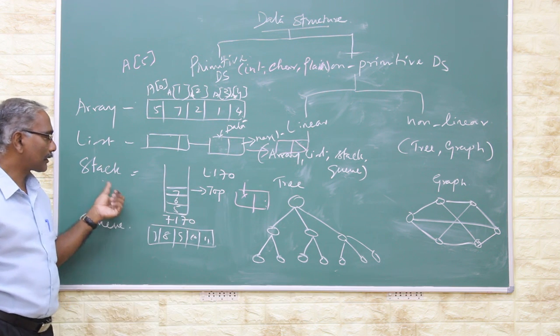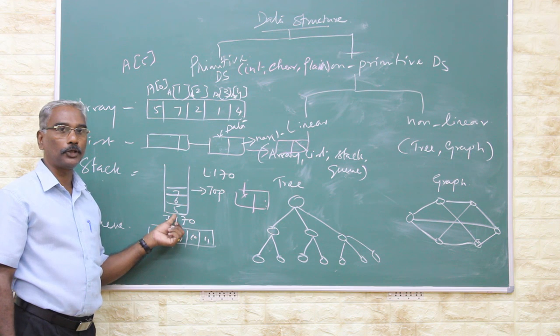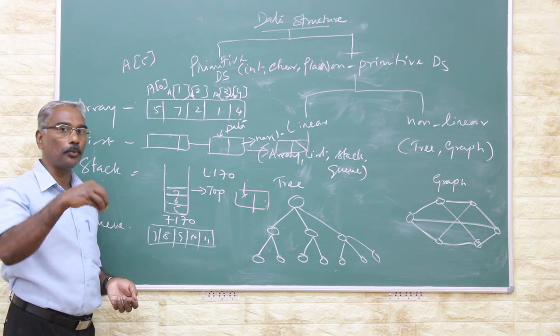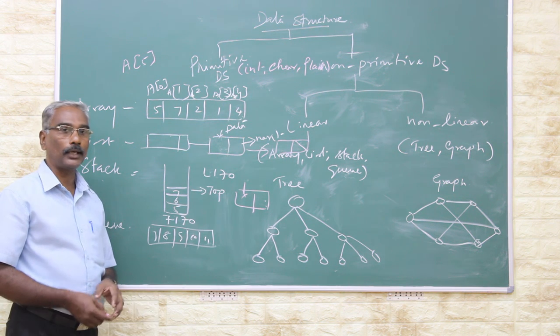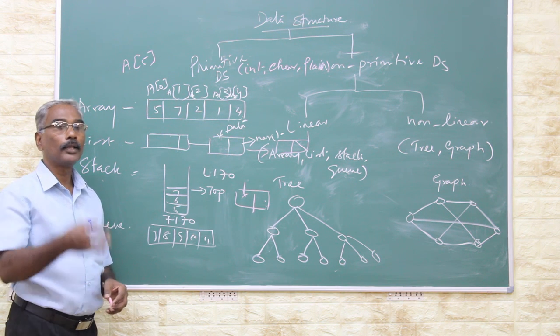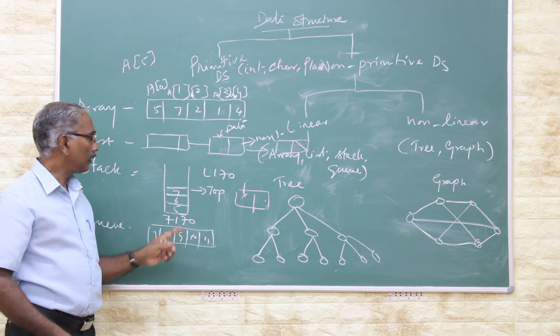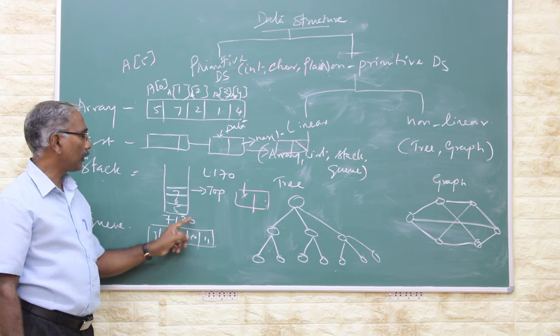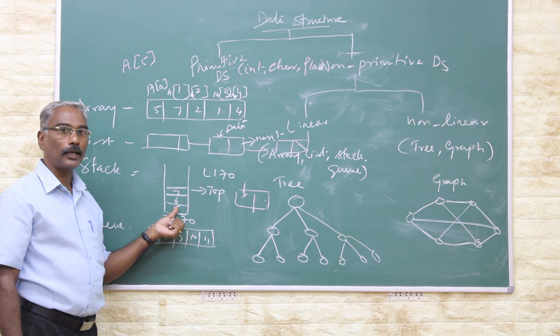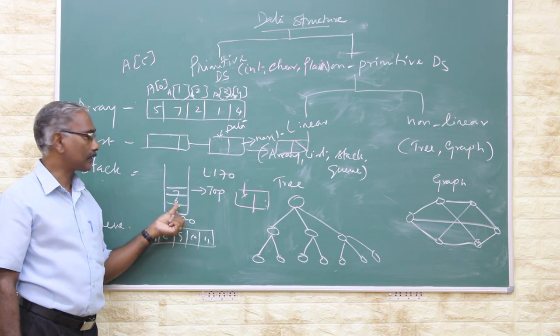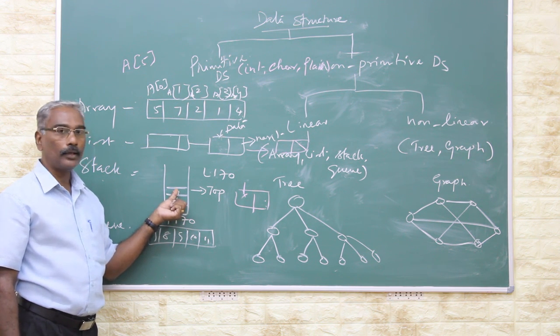The next one is the stack. In a stack you insert the elements one by one, and you delete the elements using the concept of LIFO, that is, last in, first out. Here you have a set of elements in the stack. The first element I insert is 5, the second element is 6, and the next element is 7.